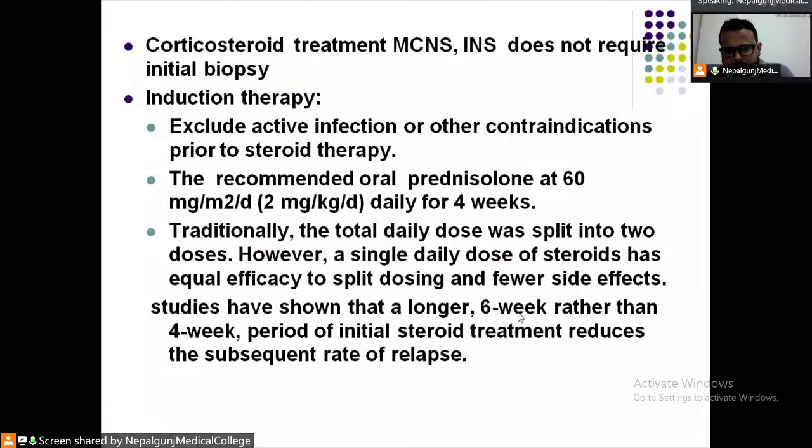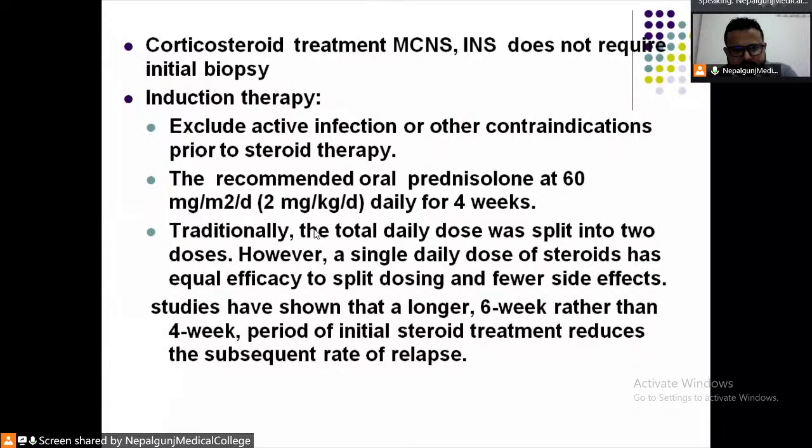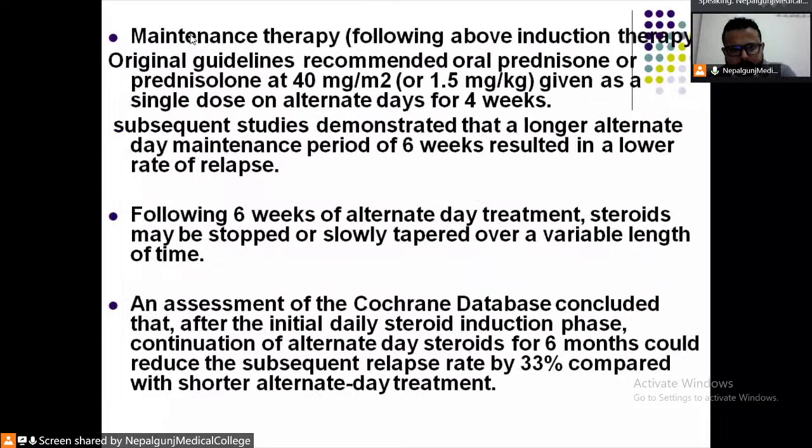Studies have shown that a longer 6 week rather than 4 week period of initial steroid treatment reduces the subsequent rate of relapse. Then comes maintenance therapy after this initial therapy. Following the above induction therapy, original guidelines recommend oral prednisolone at 40 milligram or 1.5 milligram per kg given as a single dose on alternate days for 4 weeks.